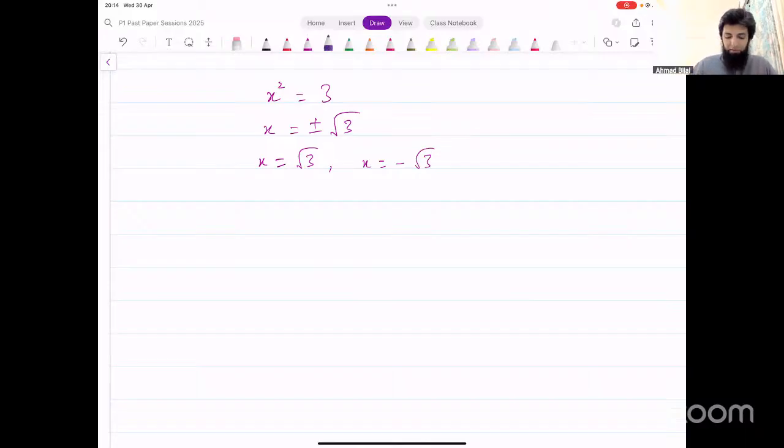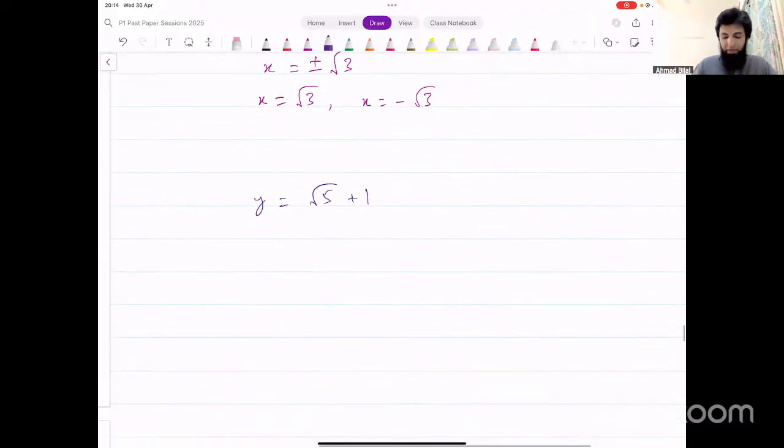Compare that with when you have something like y equals under root 5 plus 1. Now, in this case, let's actually use another integer that's a perfect square, because the 3 will confuse you with the previous example. Let's say under root 16.